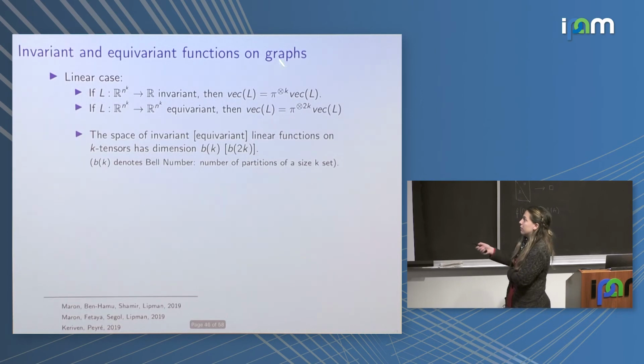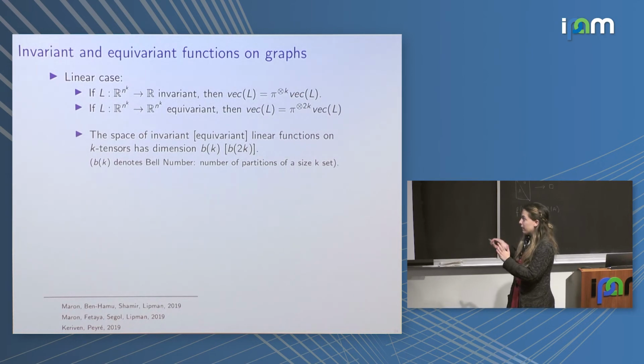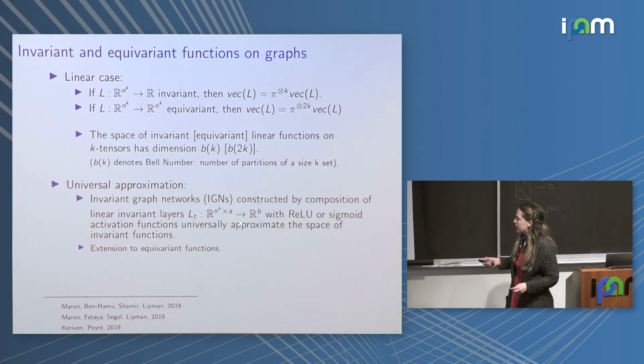And in particular, if you use these linear maps to construct invariant functions, by using a linear invariant map in each of the layers of your neural network, then each of your layers is going to be a function that goes from a tensor to a vector, and you can construct these graph neural networks, called invariant graph networks, with these layers and activation functions.